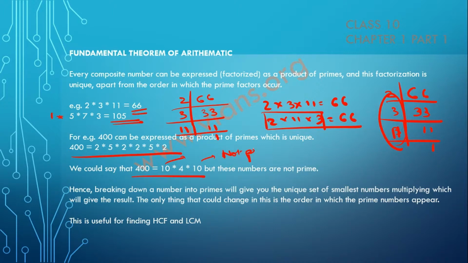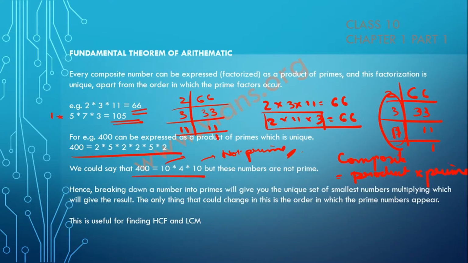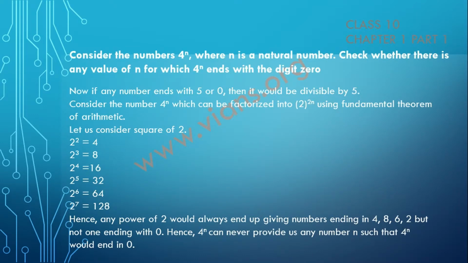So what your fundamental theorem of arithmetic says is that a composite number can be explained as a product of primes, unique primes, and the factorization is unique. So this is what's going to be a deciding factor when determining the HCF or LCM for a particular number.